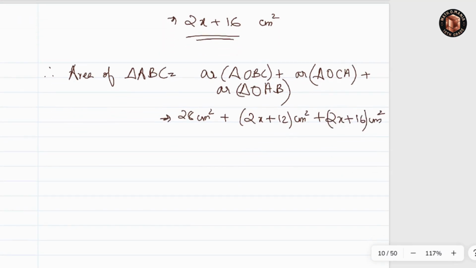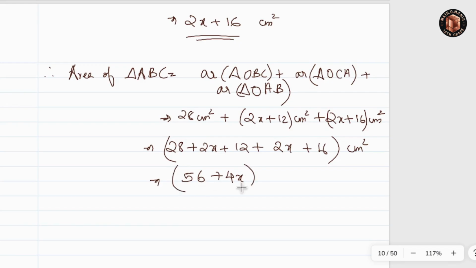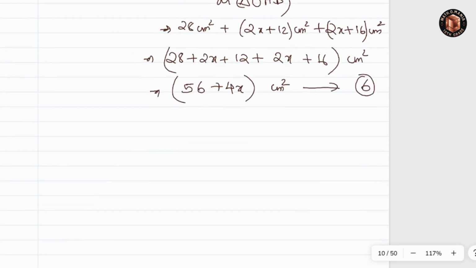This much we will have to add all together, which is equal to 28 plus 2x plus 12 plus 2x plus 16, this much centimeter square, which is equal to 56 plus 4x centimeter square, right? Now for this one I'm naming it equation number 6.